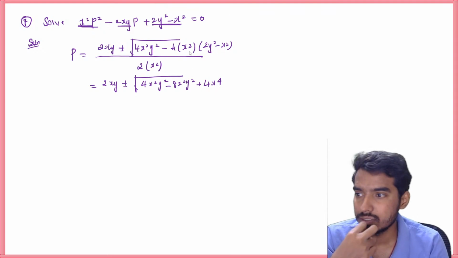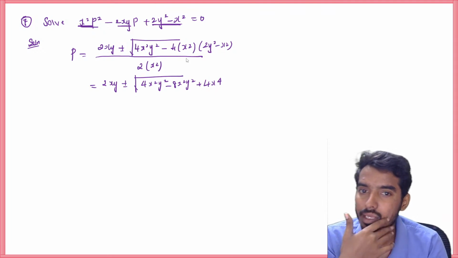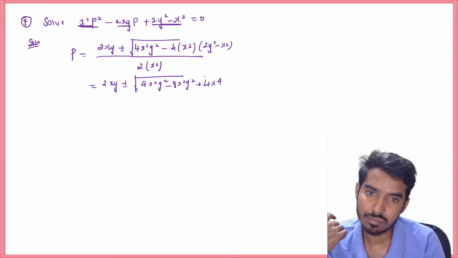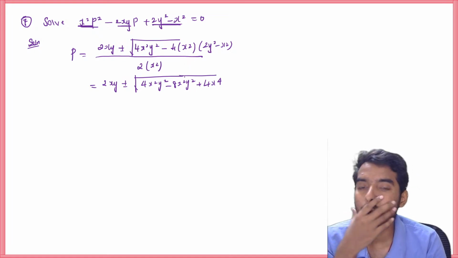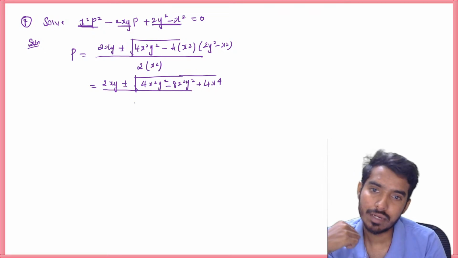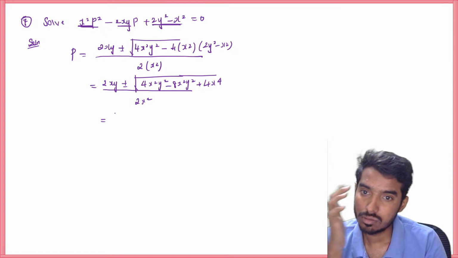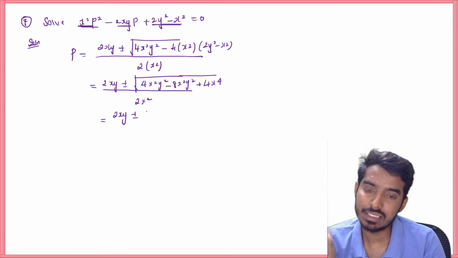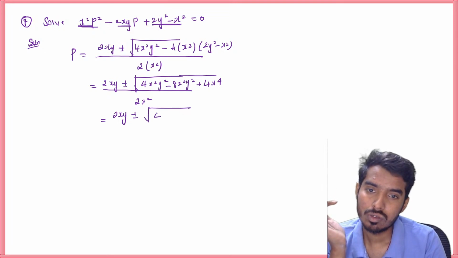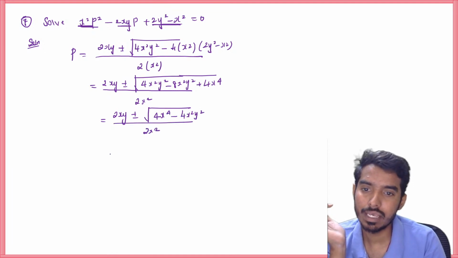Okay, we have 2xy plus or minus root of 4x power 4 minus 4x square y square, divided by 2x square.